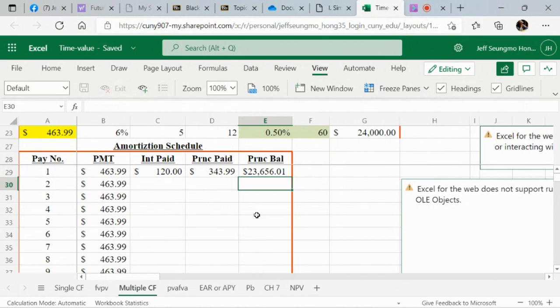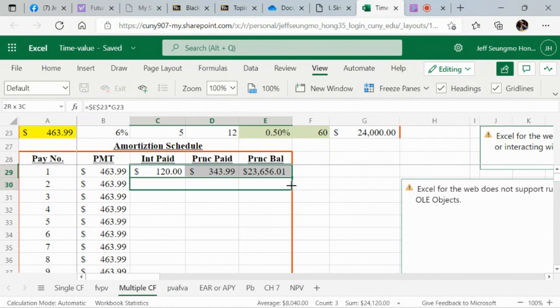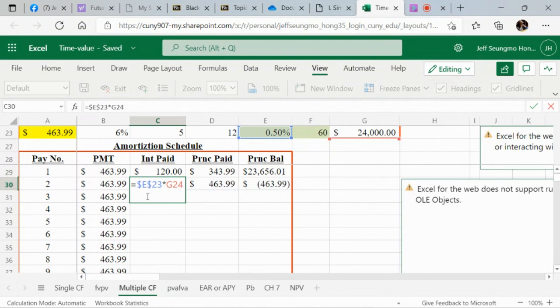So that's the first month. In the second month, we'll drag it down, but it's not complete. We'll have to make a little adjustment because the interest paid E23 is correct, it's always 0.25, but G24 has nothing in it.